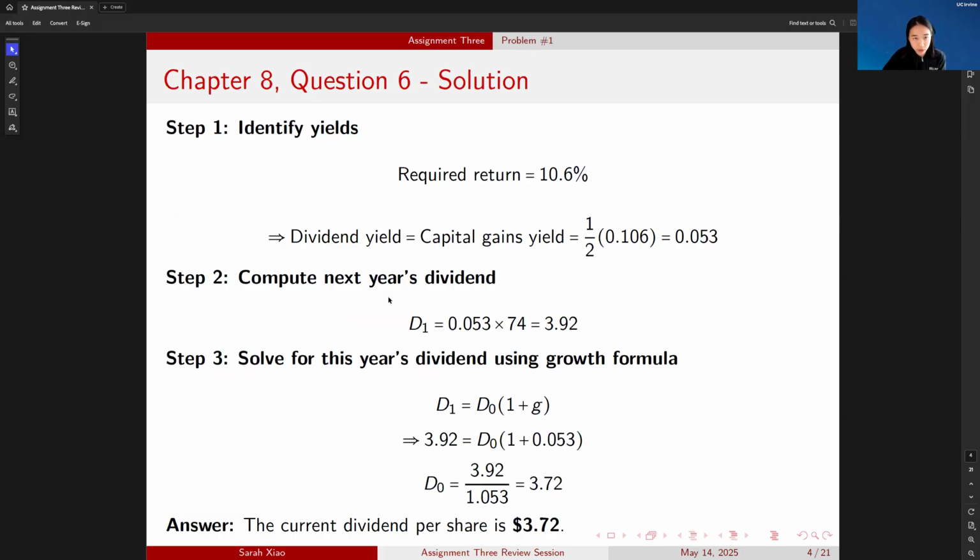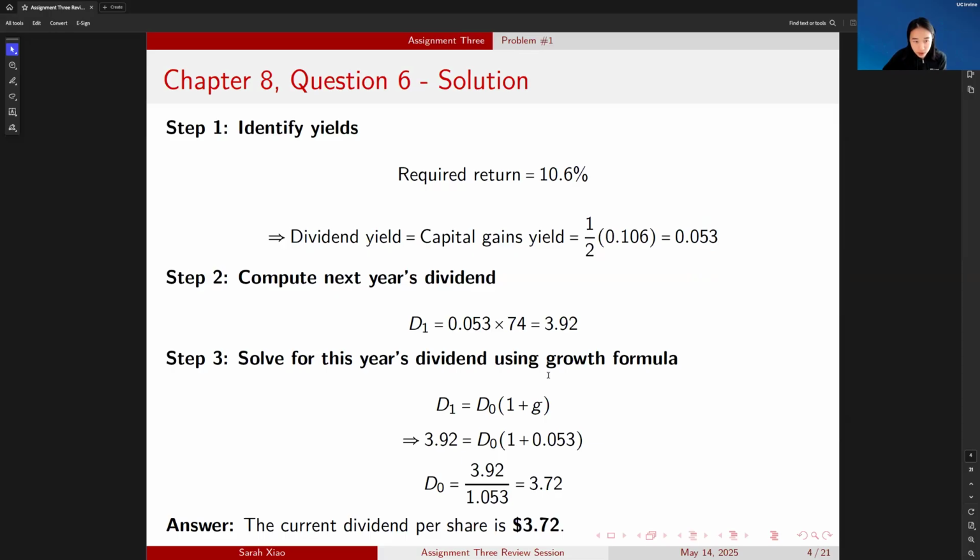All right, so the first step for this question is to identify the yield. We are given the required return is 10.6%, and the dividend yield is equal to the capital gains yield. Therefore, they are both equal to half of the required return, which is 0.053.